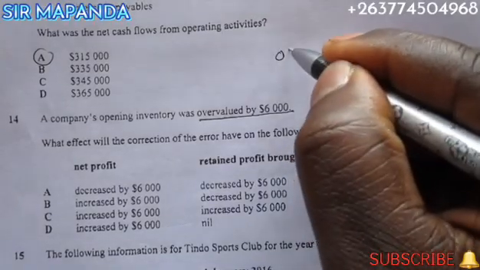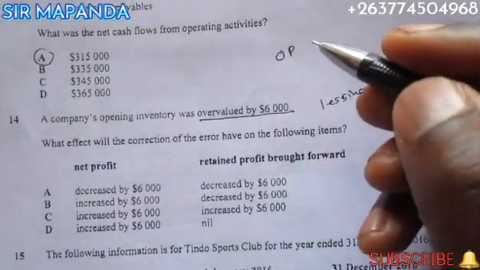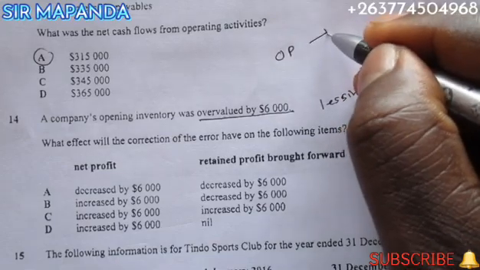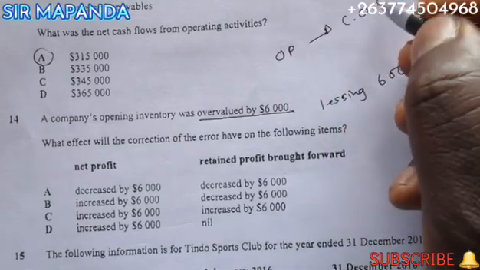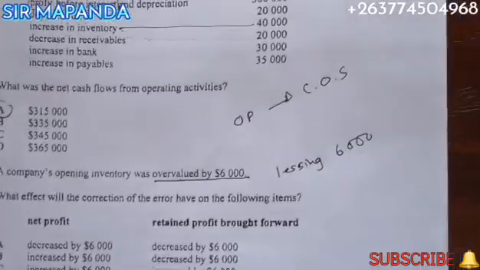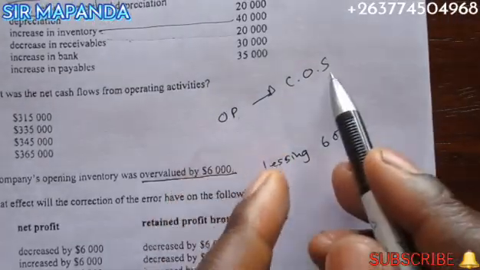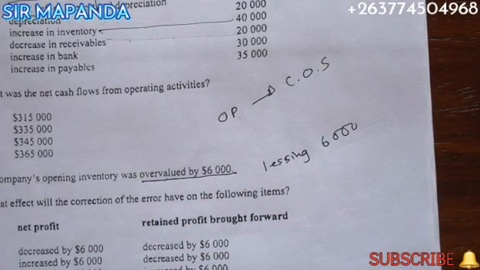So opening stock increases cost of sales. The higher the opening stock, the higher the cost of sales. The lower the opening stock, the lower the cost of sales.